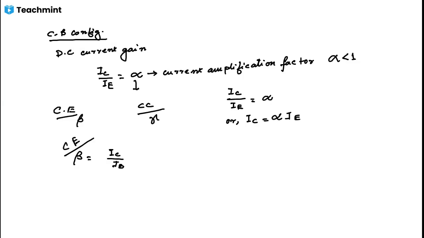So what will be the gamma? What is the configuration?